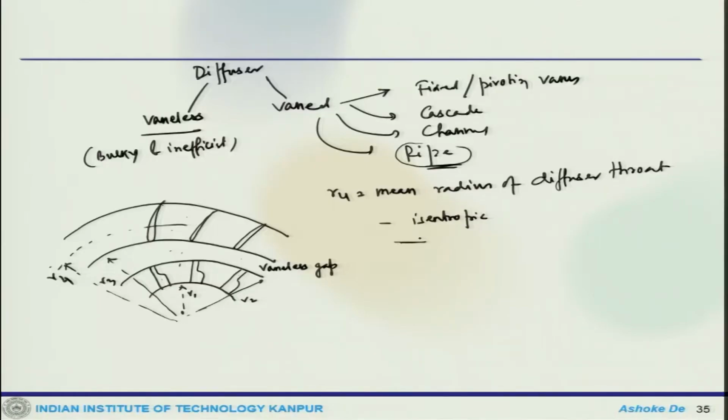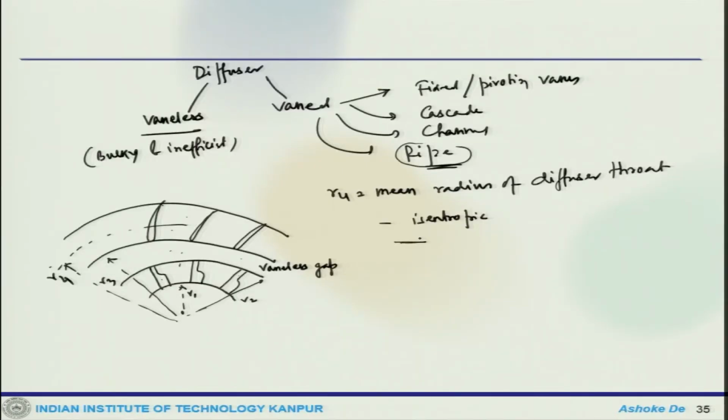Let us continue the discussion on turbomachinery, and we will continue the centrifugal compressor and then follow with the other compressor. So, this is where we actually stopped in the discussion in the last lecture.